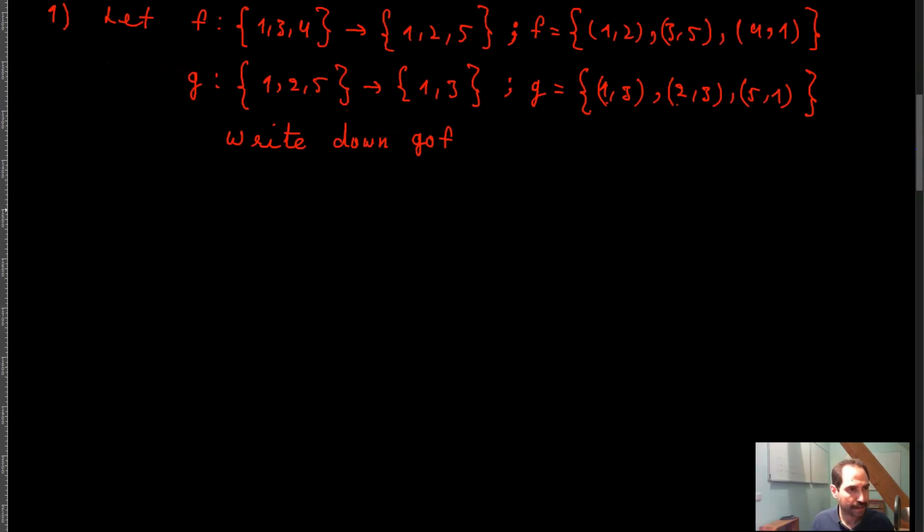So you can see that basically f takes you, let's say that this set over here, let's call it A, for example. A is equal to {1, 3, 4}. And let's say that B is equal to this set over here, {1, 2, 5}. And let's say that, for example, C is equal to {1, 3}.